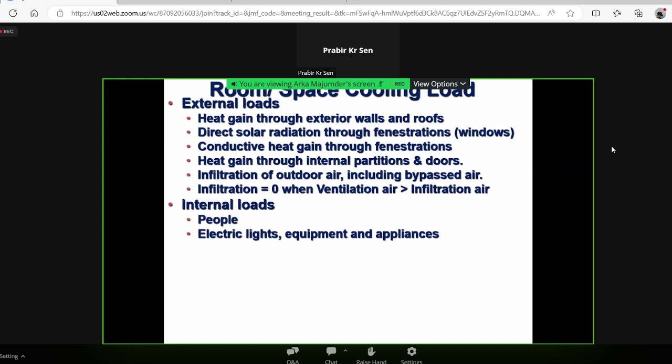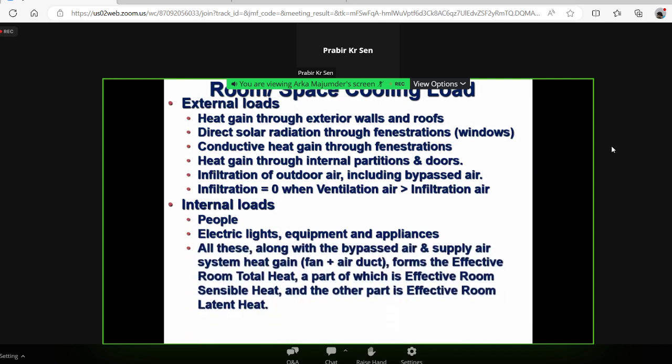Then internal loads. Internal loads are people, electric lights, equipment and appliances. All these, along with the bypass air and the supply air system heat gain from the fan and air duct, form the effective room total heat we discussed.